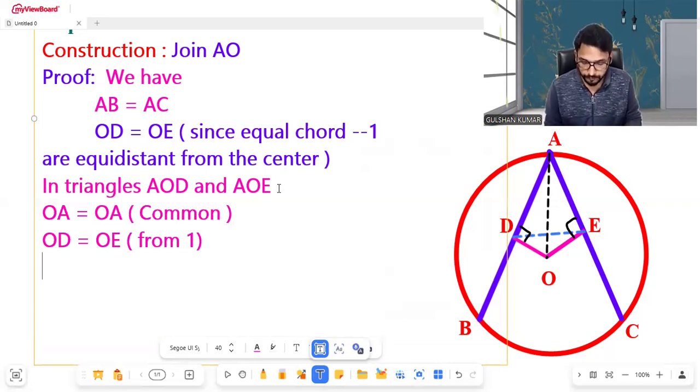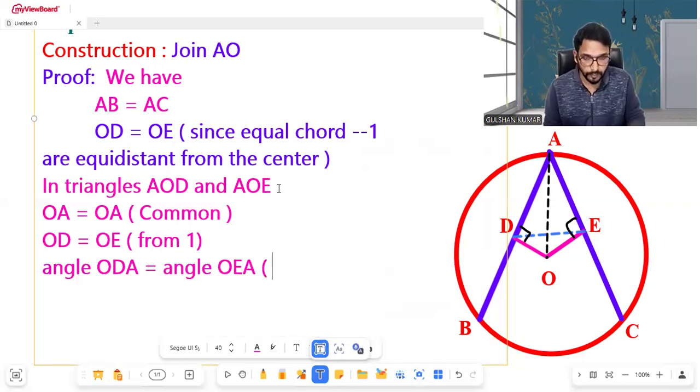And angle ODA equals angle OEA, that is, right angles.